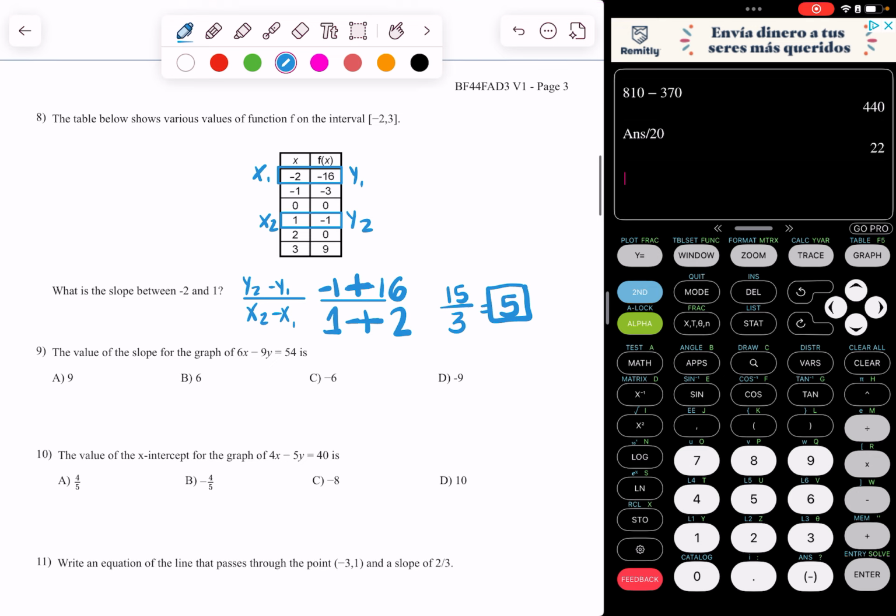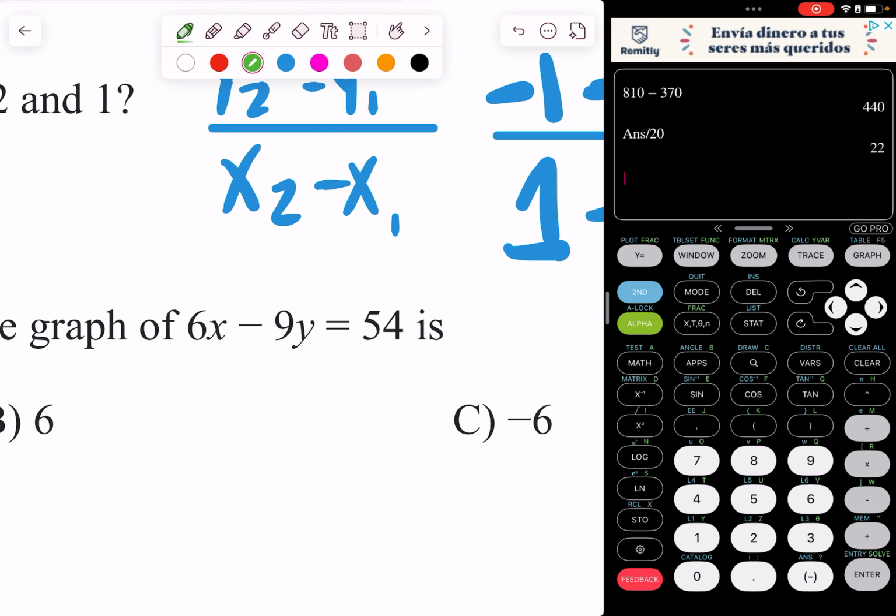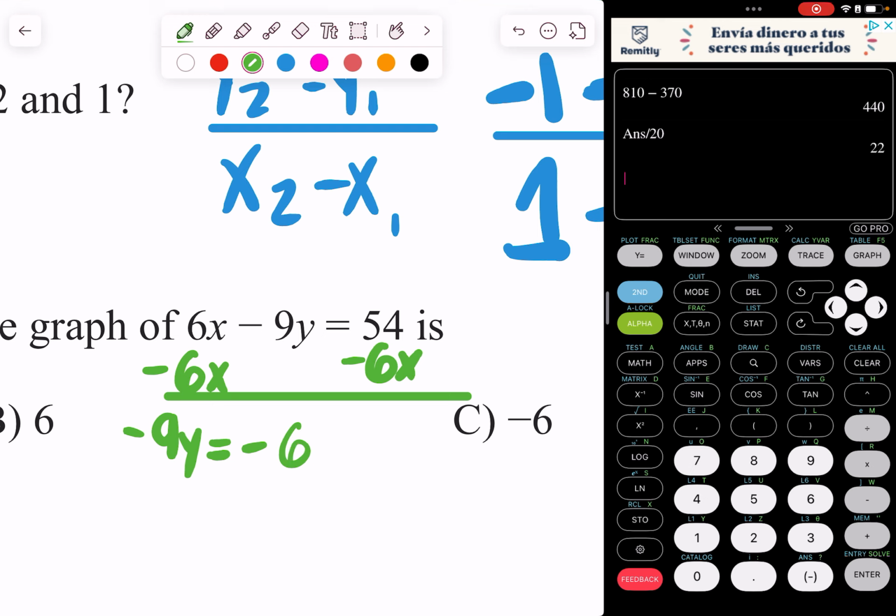Okay, let's look at number 3. The value of the slope of this graph is, in order to find slope, I need to change this to y equals mx plus b form. So let me subtract the 6x to both sides. That would give me -9y is equal to, always put the x first, plus 54.